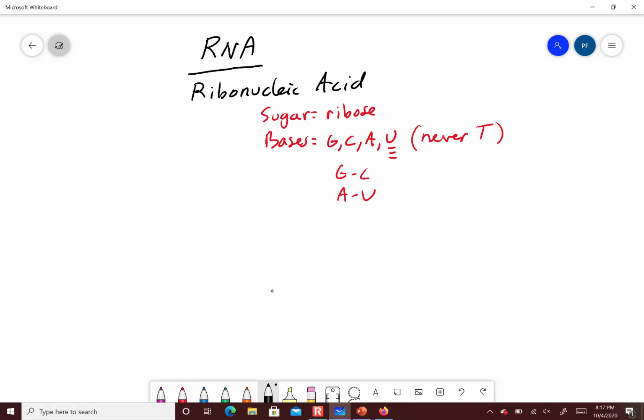There are a few different kinds of RNA, but I'm going to show you one specific type of RNA. It's called mRNA, and this stands for messenger. This is messenger RNA.